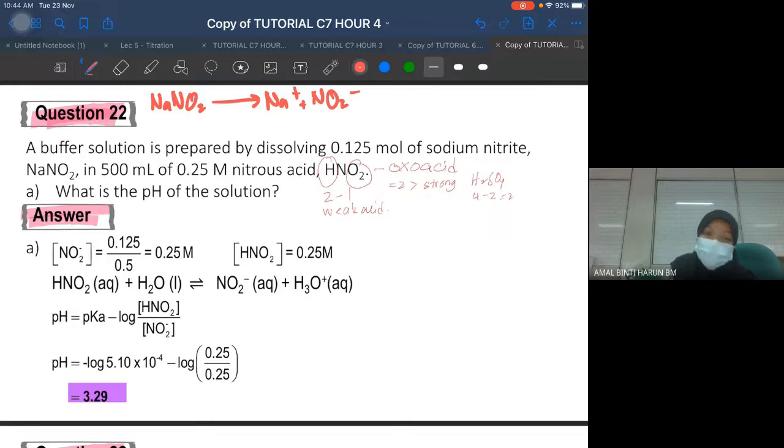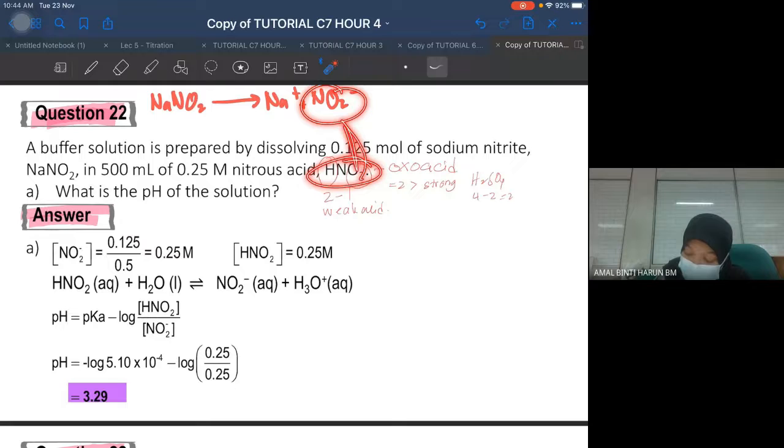Okay. Dan mata kuliah pun ada beza oxo acid ni strong acid dengan weak acid. Oxo acid adalah acid yang ada oksigen. Kalau beza antara hidrogen dan oksigen tu sama dengan 2 atau lebih, then it will be strong acid. So here nitrous acid is a weak acid. So kalau kita ada weak acid dan juga dia punya salt yang ada ion yang sama, conjugate dia kan.